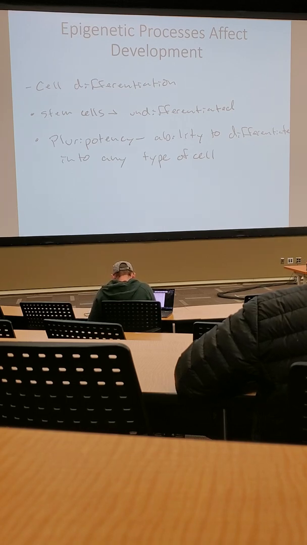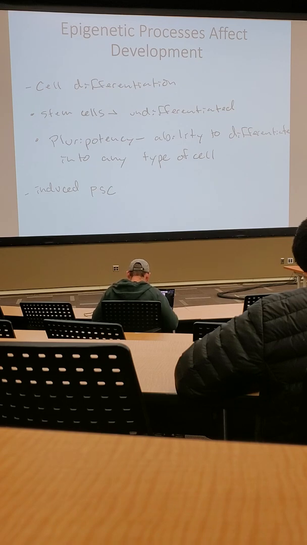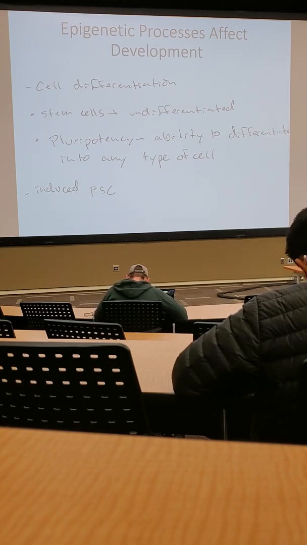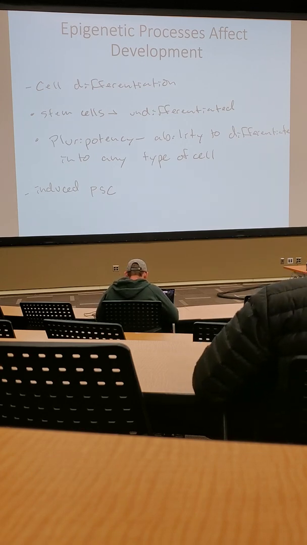And then we have induced pluripotent stem cells. So we've seen induced before in terms of gene regulation. It's the same thing, right? Inducible, it's off and it gets turned on. In terms of pluripotency, it's undifferentiated, and we're going to force it to differentiate. So specifically, this is not happening from naive stem cells. This is when an adult somatic cell.